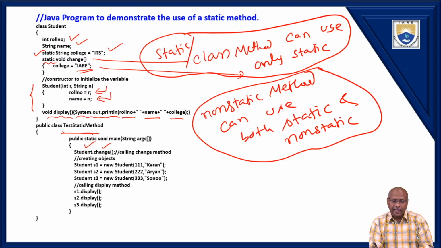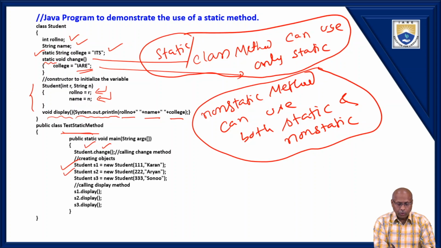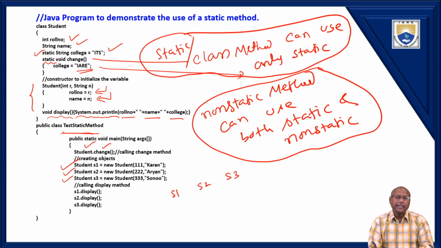Now I am creating Student S1, Student S2, Student S3. How many objects? Three objects I am creating. S1 is one object, S2 is another object, S3 is another object. So for S1, roll number is there, name is there.